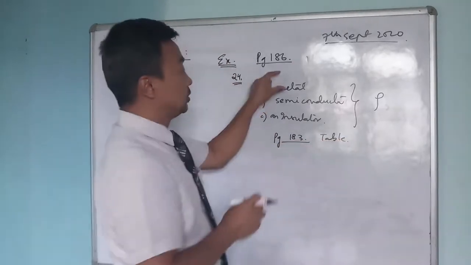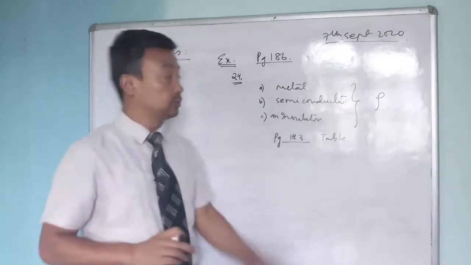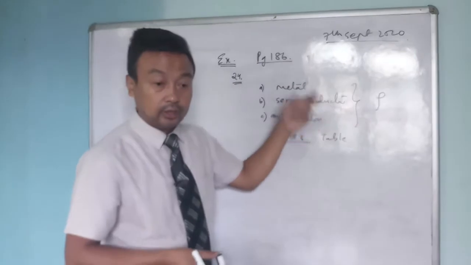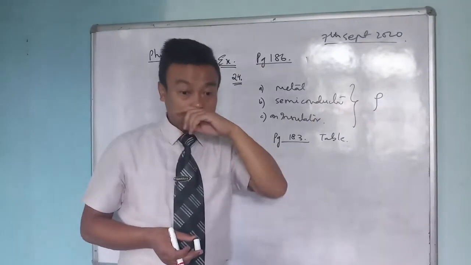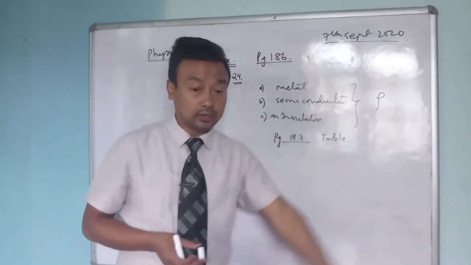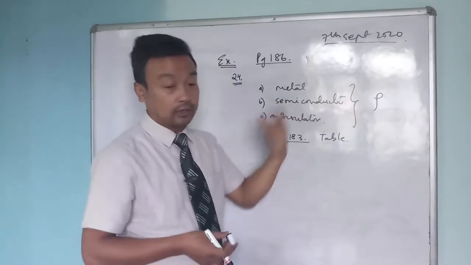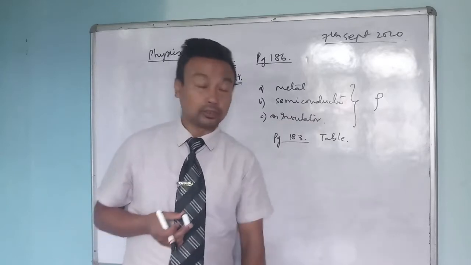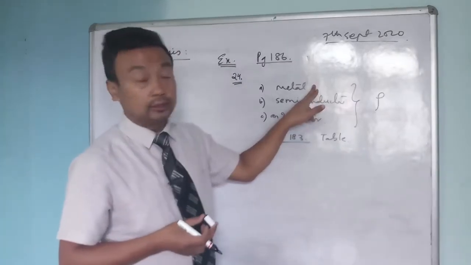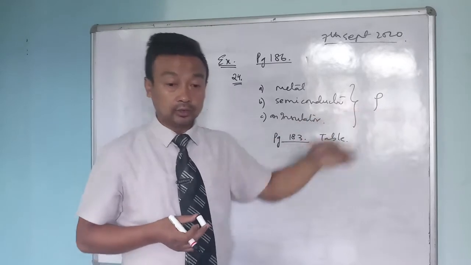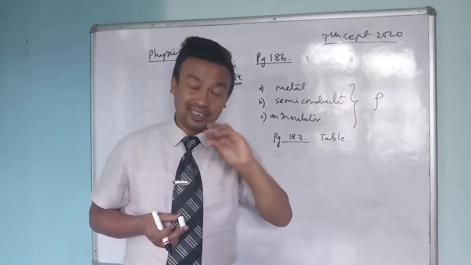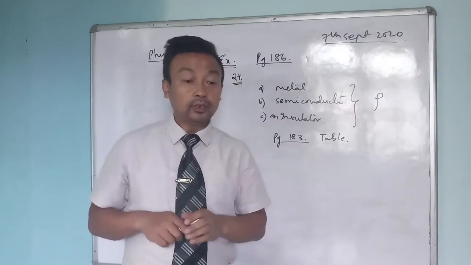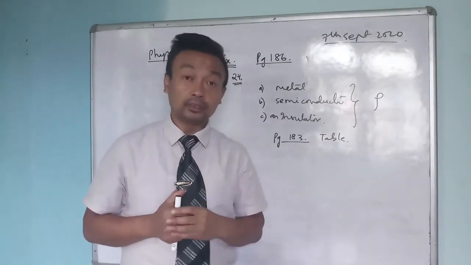In that table you have 3 categories of materials or substances. Metal is there first, then you have a semiconductor. In the metal you have different types, like silver, and it goes on. In the semiconductor you have graphite and so on, and in the insulator you have wood, etc. If you look at the values, the specific resistance for the metals and the alloys is very low.